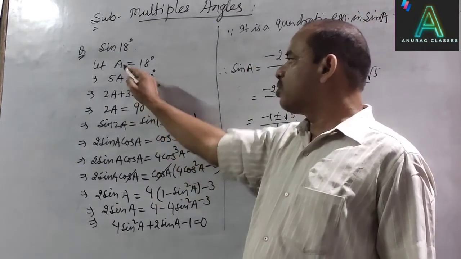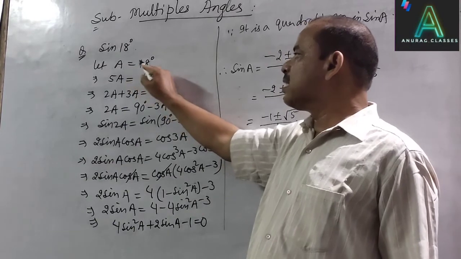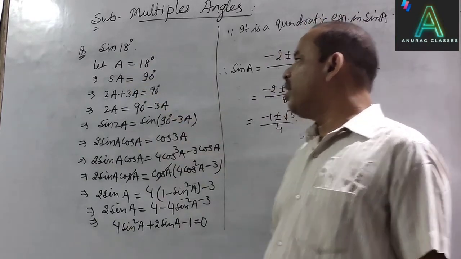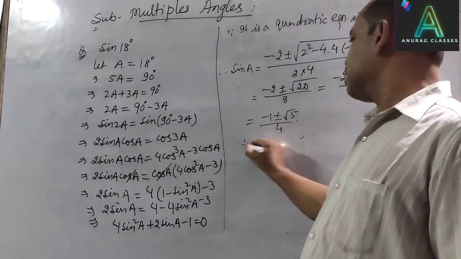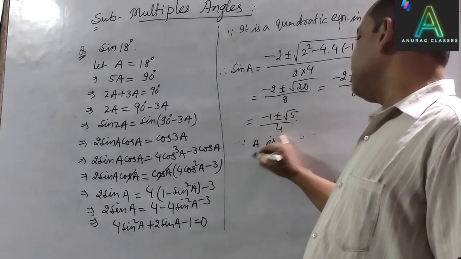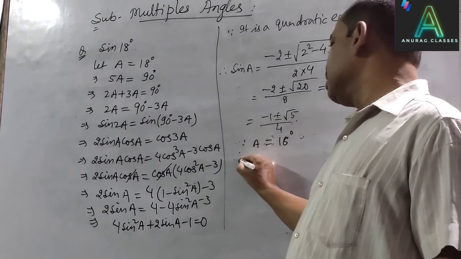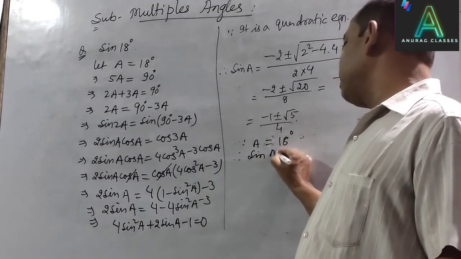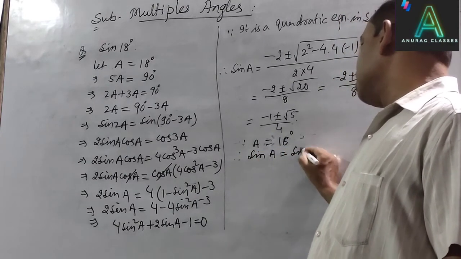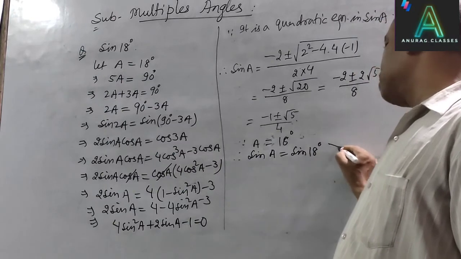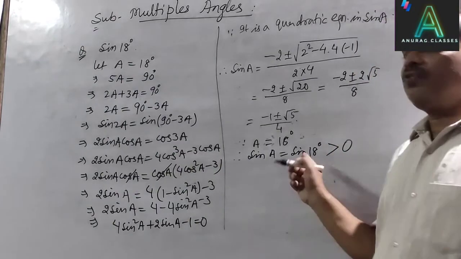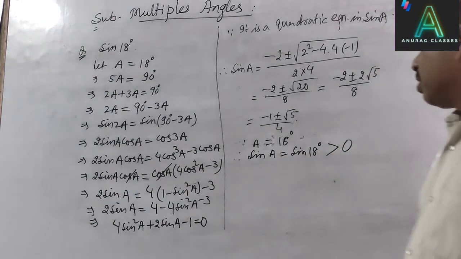But as you can see, A is 18 degree. Since A is equal to 18 degree, sin 18 degree must be greater than 0, because in the first quadrant sin is always positive.